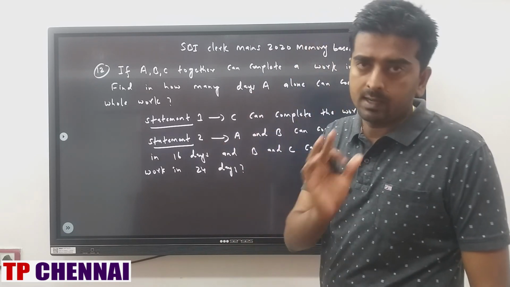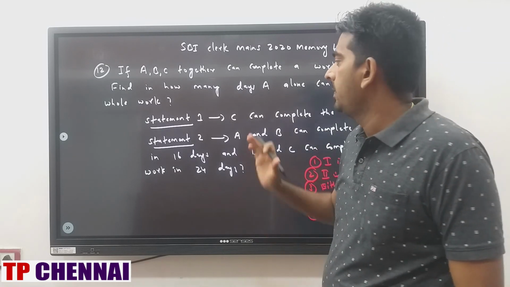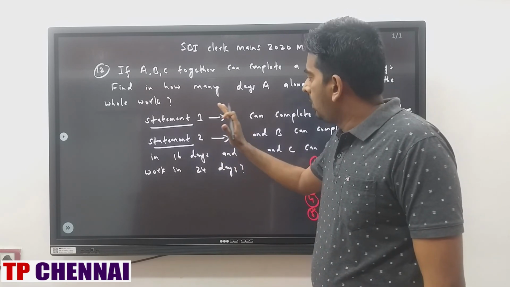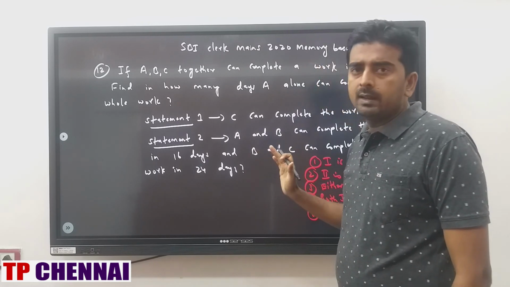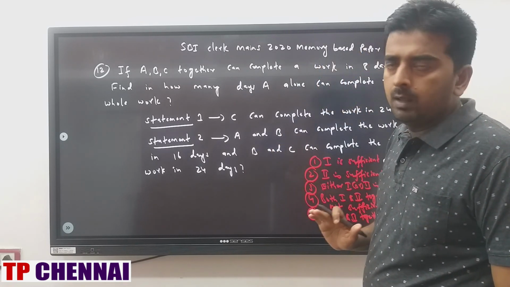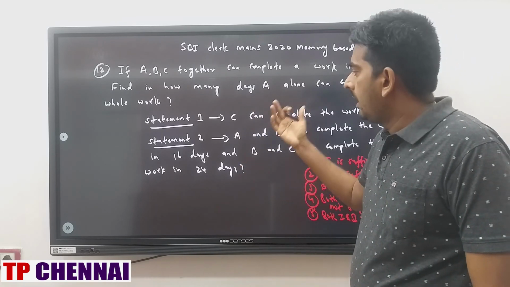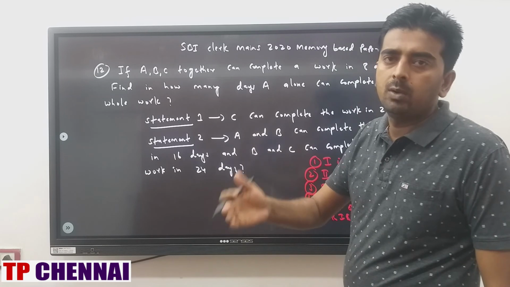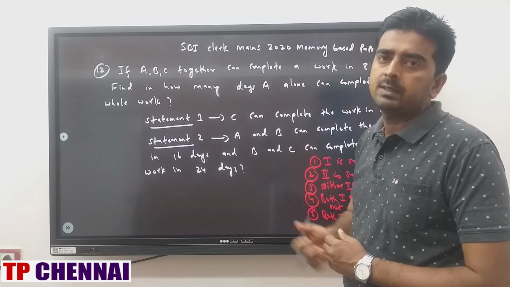You have to check only whether you are able to get the answer from statement 1 alone, from statement 2 alone, from statements 1 and 2 together, or whether even together they are not sufficient.